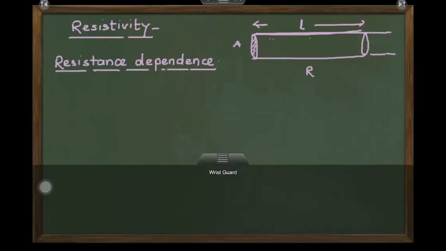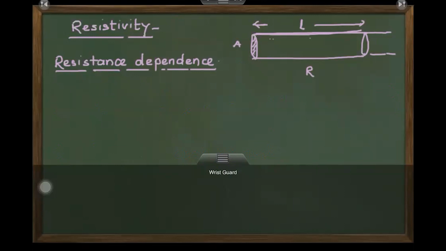Okay. Now, if I'm saying that I have a resistor and I am going to increase its length, what do you think about collision? The number of collisions will increase or decrease? If you increase the length of a wire, will the electrons collide more or less? More. It will be more.